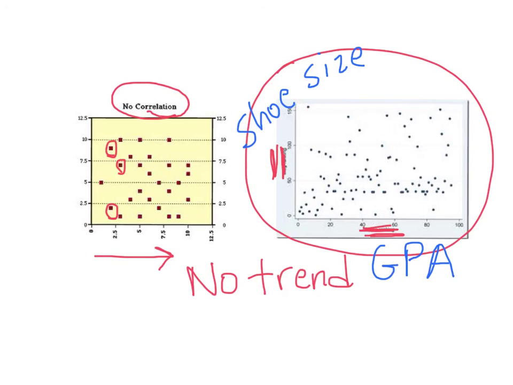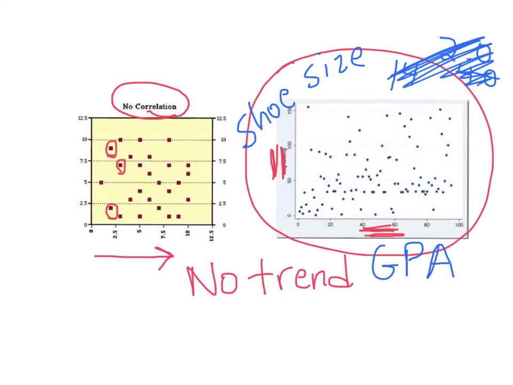You could have a person with a size 4 shoe that has a 4.0 GPA, but you could have a person that has a size 14 shoe that has a 2.0 GPA. So there's no trend or correlation that we could see if we were to take everyone's shoe size and compare it to their GPA. I think we'd be all over the place, just like this graph.